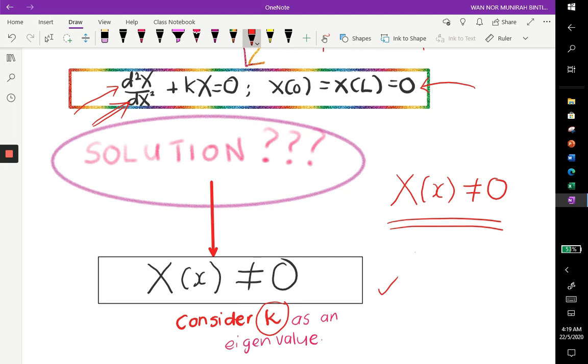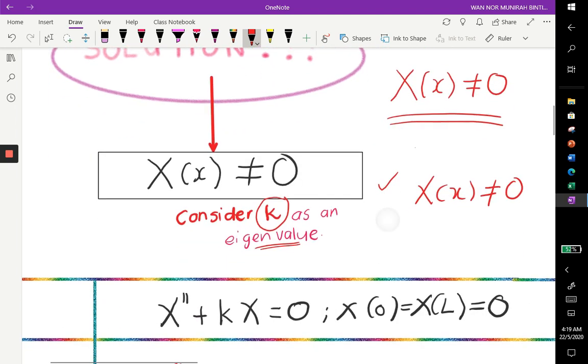We call this equation the eigenvalue problem, and this k we call the eigenvalue. What is the value of k, or what is the eigenvalue, that can make the non-zero solution? What is the value of k such that the solution of x is not equal to 0? So that is the question.